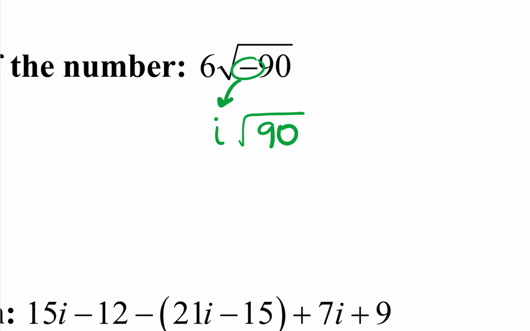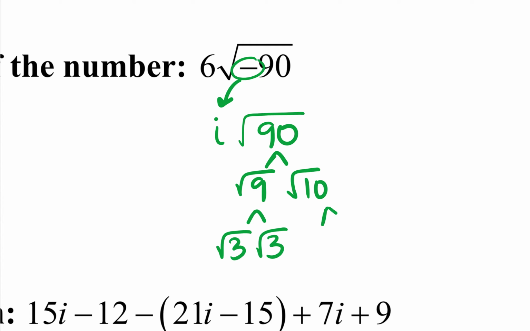Now, remember, since there is no square root of 90, I'm going to split it up as far as I can. So this splits up into square root of 9, square root of 10. The 9 is square root of 3, square root of 3. The 10 is square root of 5 and 2.